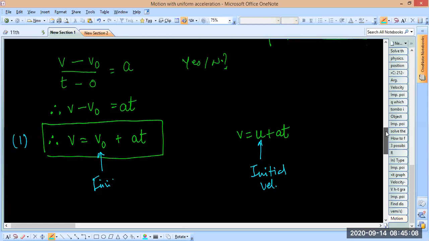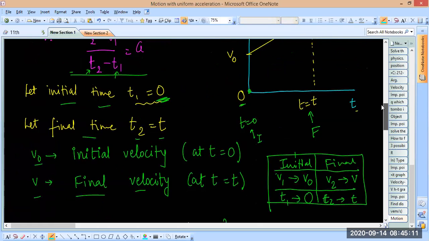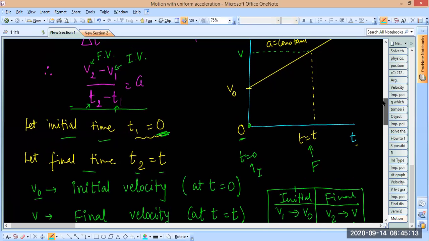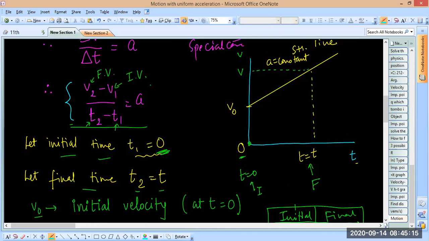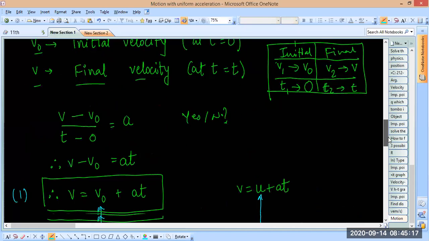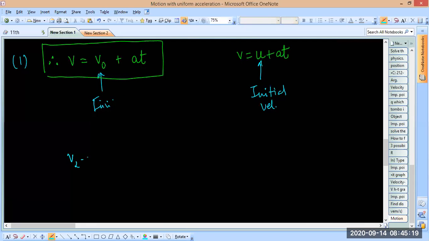For people getting confused, I'd say don't worry about it. Even if you start from here and you don't do anything at all, you will get the same relation, but you should understand the difference. The difference will be as follows. This is what you will get. It's the same relation.